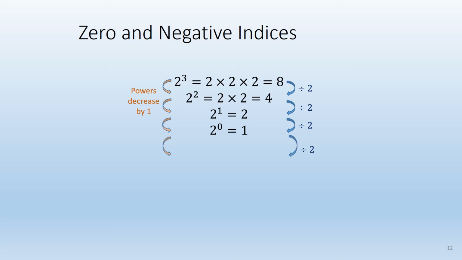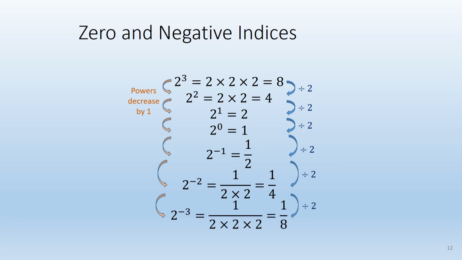Progressing with this pattern here, our next power will be negative 1. And we have to divide that 1 by 2 to give us a half. So our 2 to the negative 1 will give us a half. Continuing with this pattern, our next power will be negative 2, and when we divide the half by 2 we'll get a quarter. The next one will be 2 to the negative 3, which will give us 1/8.